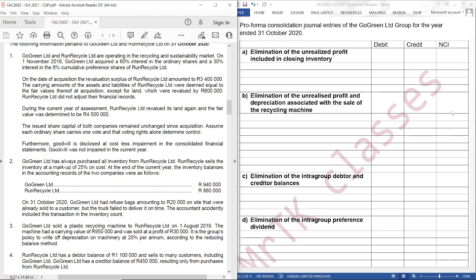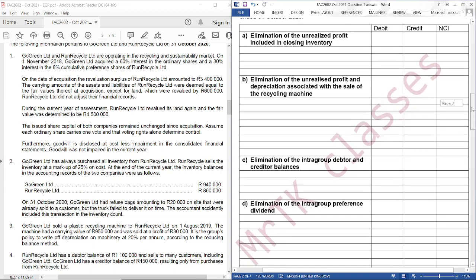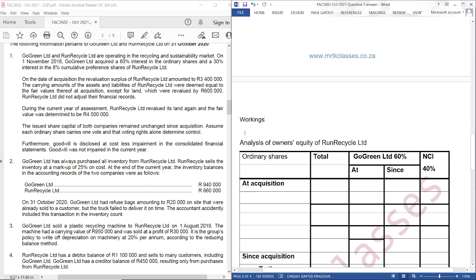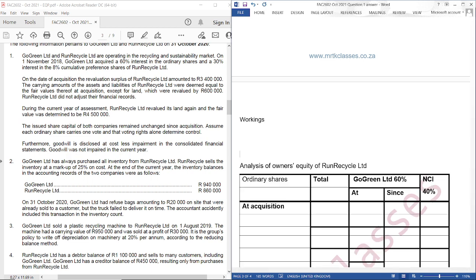Okay, so we need to write something down. Date of acquisition: 1 November 2018.